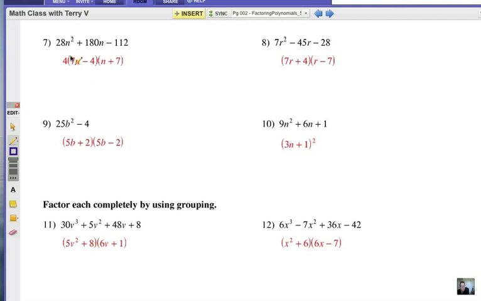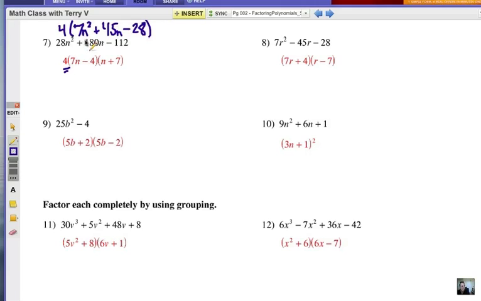Here we go. Now the first thing we've got to do here is factor out a 4. That's why that 4 is on the outside there. If you divide each of these by 4, you're going to get 7n squared plus 45n minus 28. Then you're going to have to factor the rest. So here I have 7n times n.